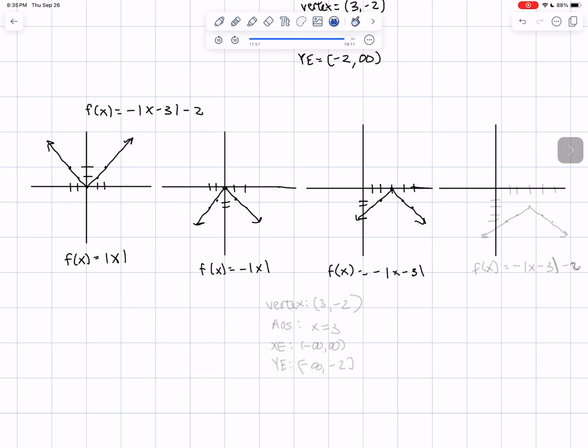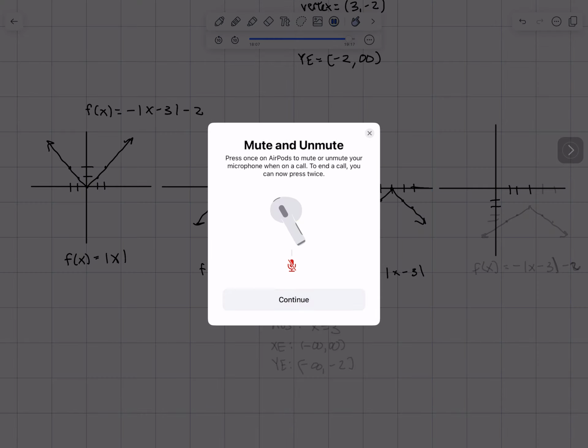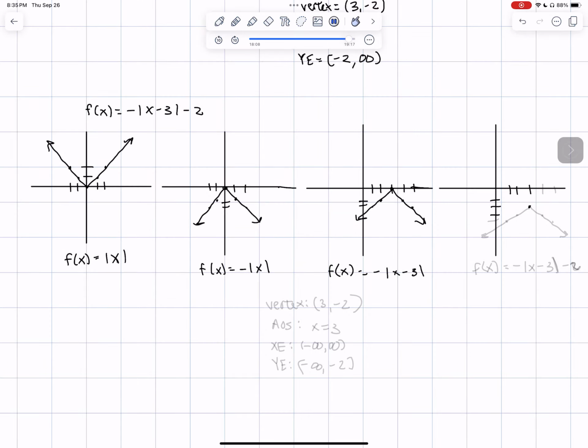And then the last one, we want to do the vertical shift, so that's -2. So we just go down 2. Okay, we did it. So that's the last function.